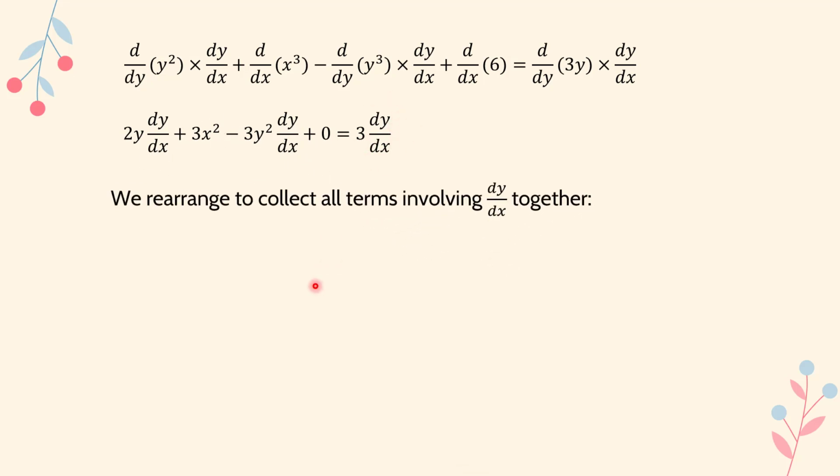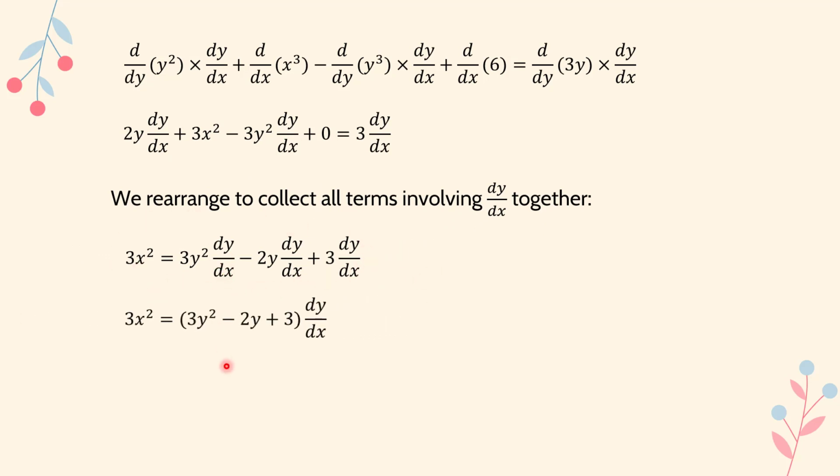Now, we collect all terms involving dy/dx together, and we can take the dy/dx out, and we have dy/dx is 3x squared divided by (3y squared minus 2y plus 3).